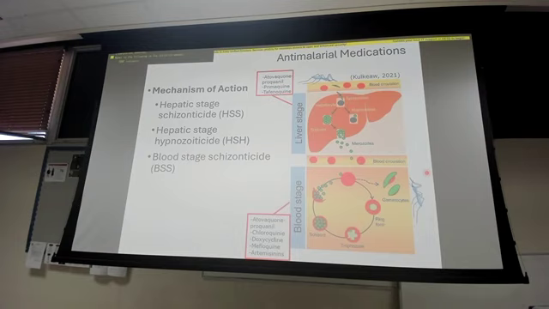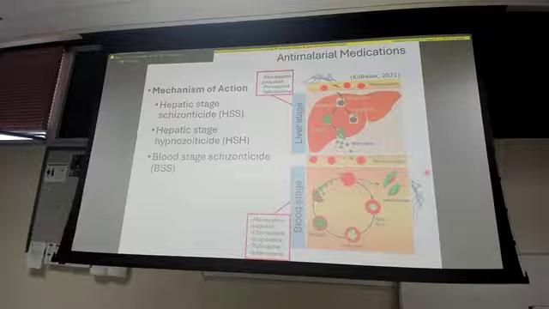Alright, so for antimalarial medications, like was said, you have the liver and the blood stage. So for mechanism of action, you really need to know the differences between the hepatic stage schizontocide, the hypnozoiticide, and the blood stage schizontocide. For the liver stage, if you remember, the sporozoites enter the liver and they do asexual reproduction into the schizonts.